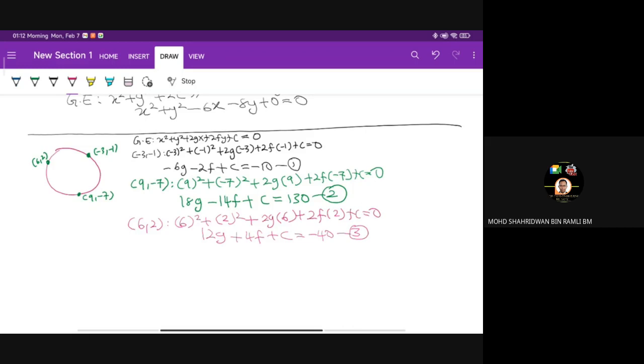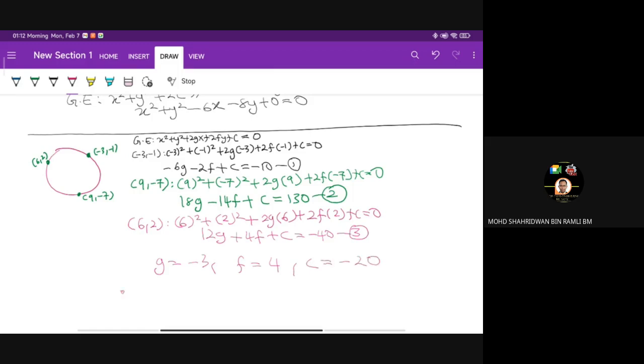Okay, so here we substitute. After you substitute, you will have your g, f, and c here: g equals -3, f equals 4, and c equals -20.